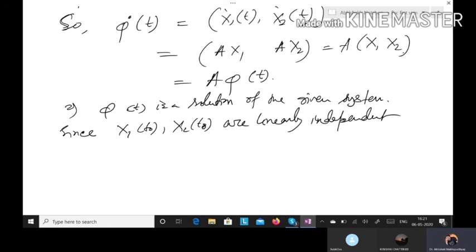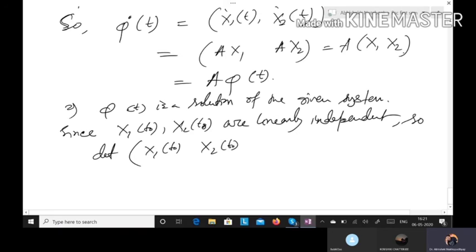It says that since these two column vectors are linearly independent, their determinant of x1(t naught), x2(t naught) must be non-zero, which is determinant of phi of t0. So this proves the first one, that is 1 implies 2.